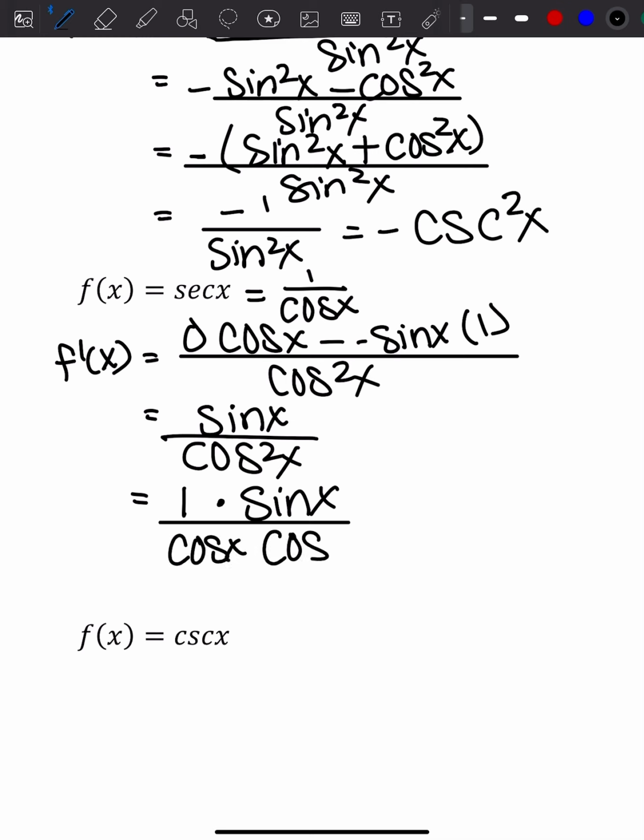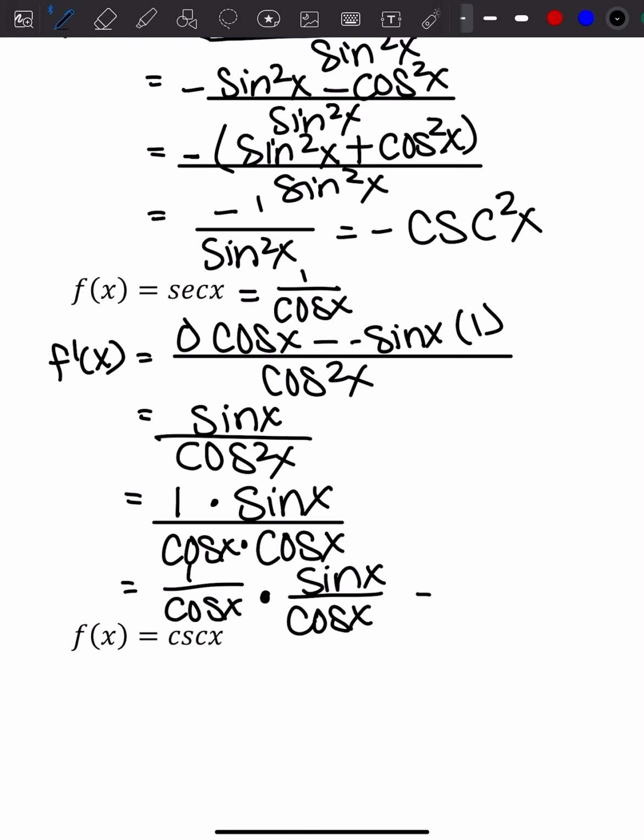This seems counterintuitive, but we do this so that we can separate this into two fractions. So I have 1 over cosine of x times sine over cosine of x. 1 over cosine of x is what we started with. That is secant. On the other hand, sine over cosine is tangent, which gives us our secant x times tangent of x.